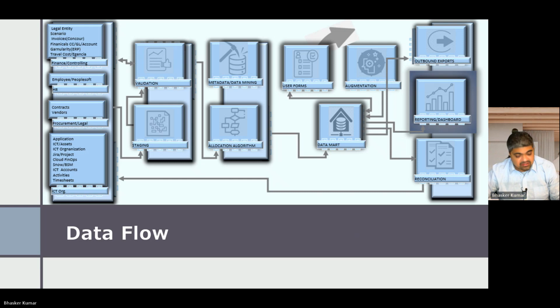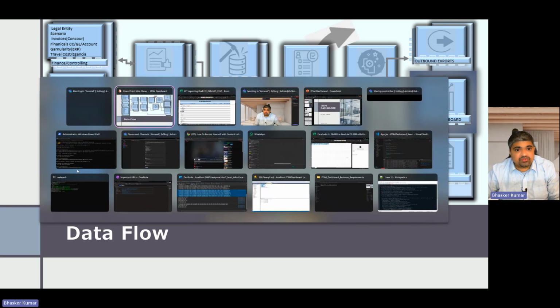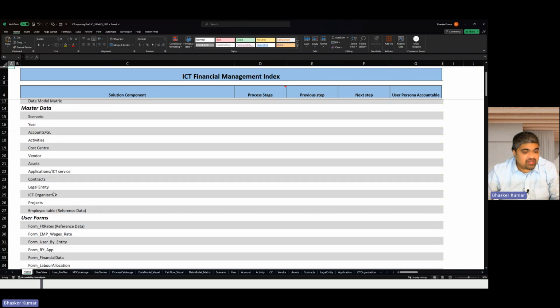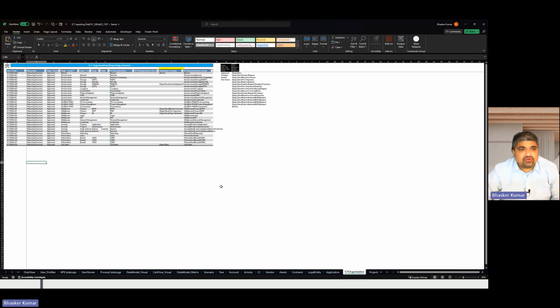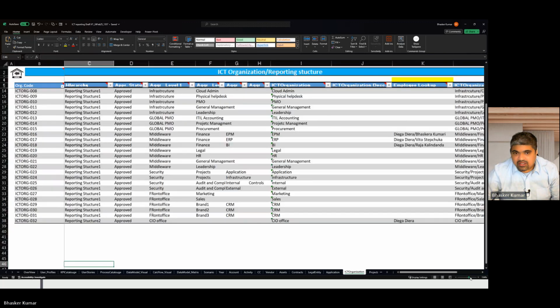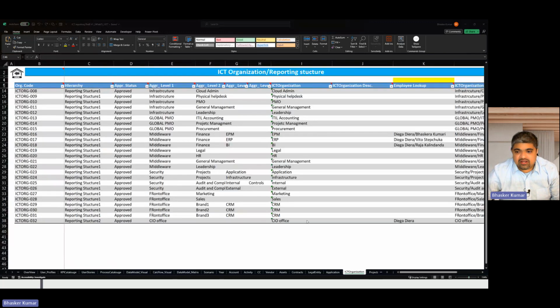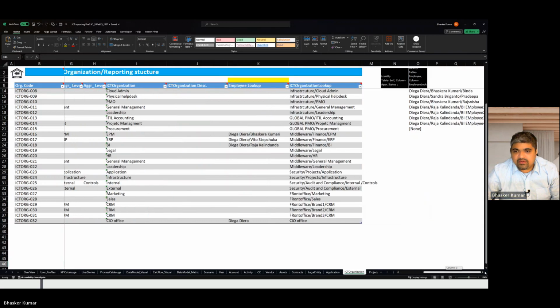And I would like to take this opportunity to show you guys, for example, what I'm talking about. So, ICT organization. In ICT organization, I am talking about something like you can see. So I have under infrastructure an organization called cloud admin.